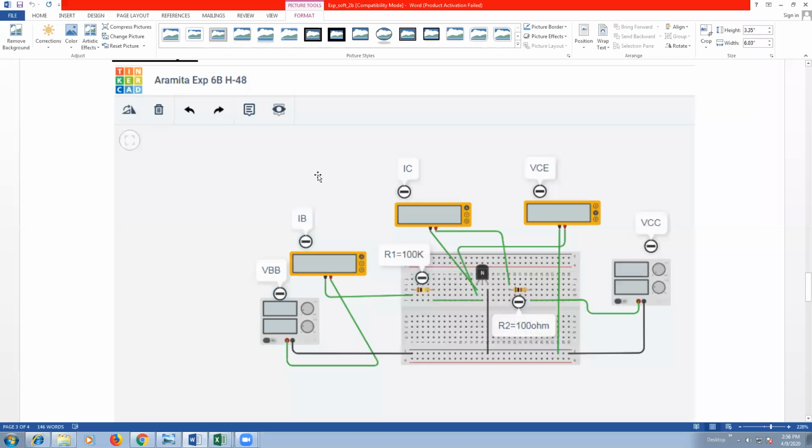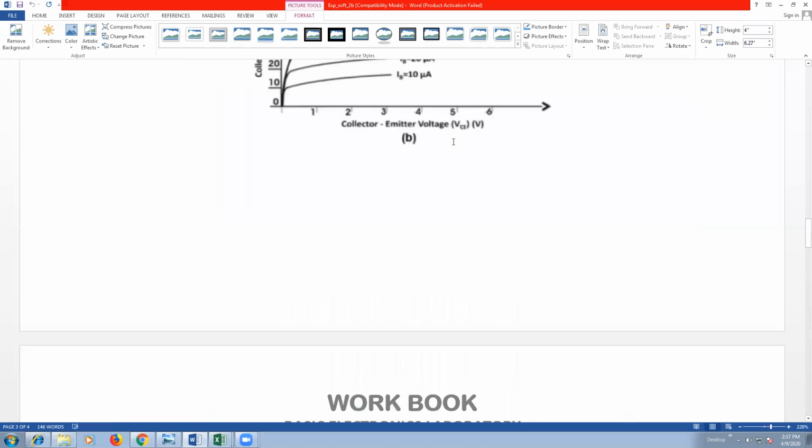First delete this photograph of the circuit, and paste the one of your own circuitry made in the Tinkercad software. Beside the Tinkercad logo, mention your name, then section, then roll number. You can verify your graph by this one.